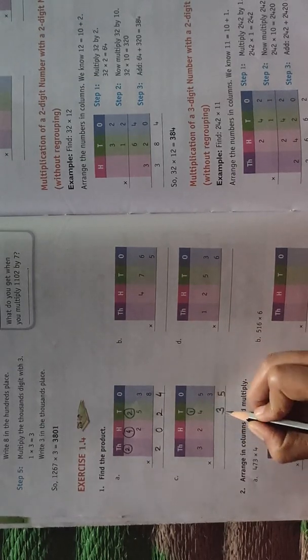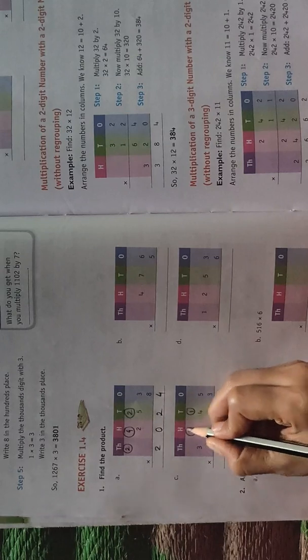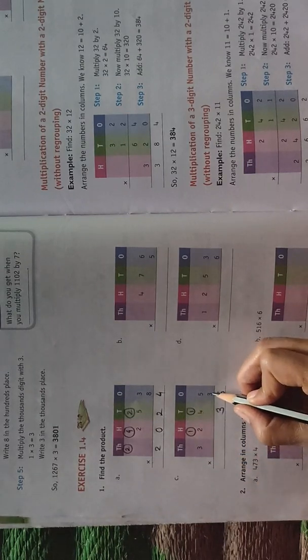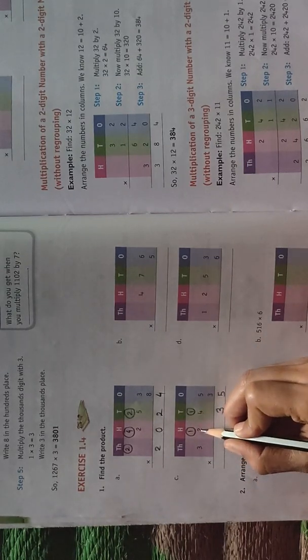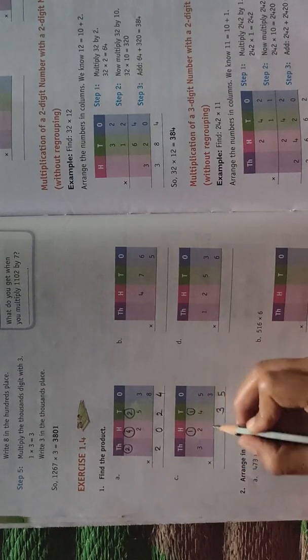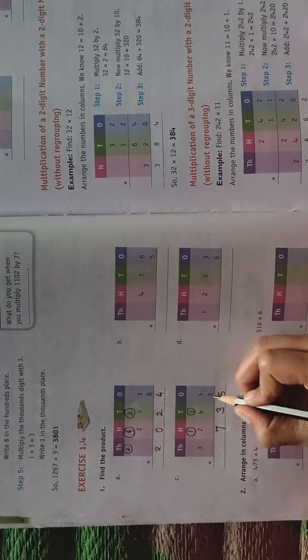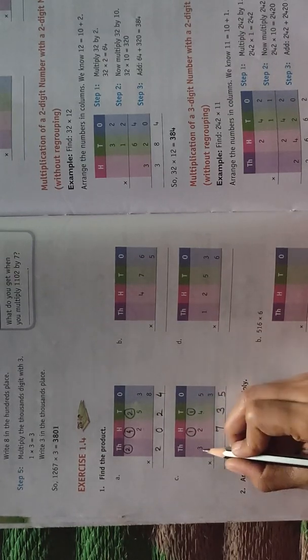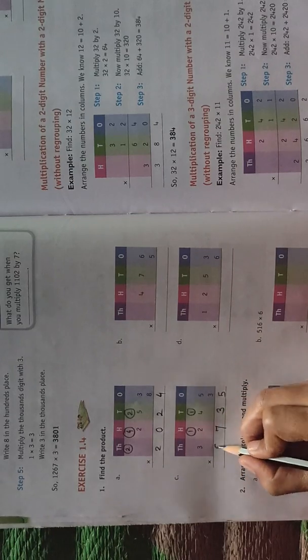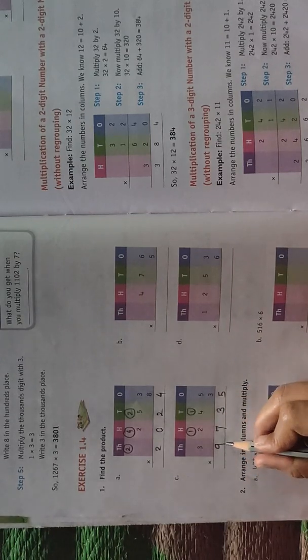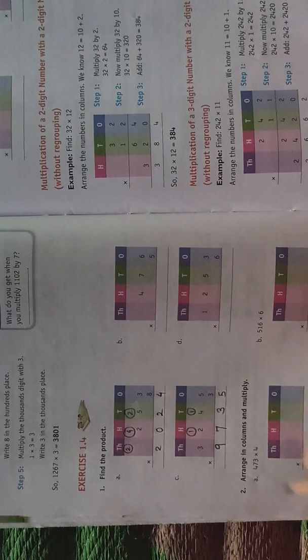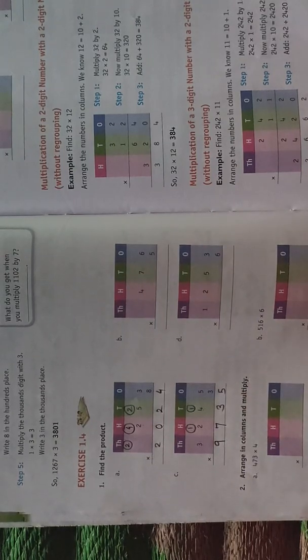So 3 and 1 carryover to its next. 3 2s are 6, 6 plus 1 carryover is 7, and 3 3s are 9. So the answer is 9735. This is how you can perform the multiplication.